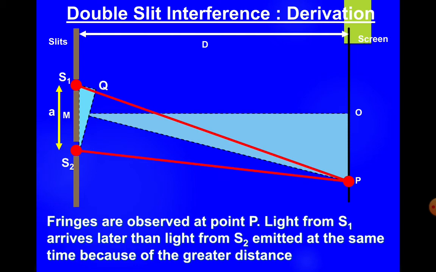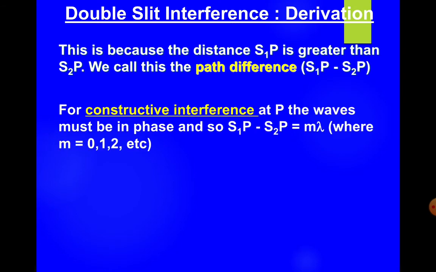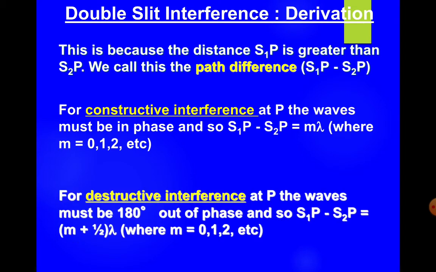S1 is traveling a longer distance than S2. Because of this path difference, we get S1P minus S2P. And for constructive interference, the waves at P must be in phase, so S1P minus S2P is m times lambda, wherein m is a whole number.